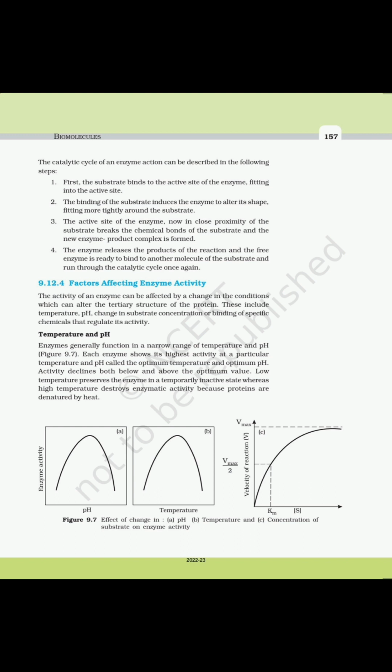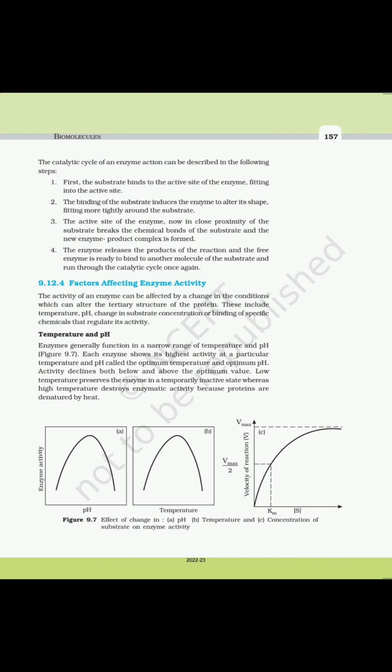Figure 9.7. Each enzyme shows its highest activity at a particular temperature and pH called the optimum temperature and optimum pH. Activity declines both below and above the optimum value. Low temperature preserves the enzyme in a temporarily inactive state, whereas high temperature destroys enzymatic activity because proteins are denatured by heat.